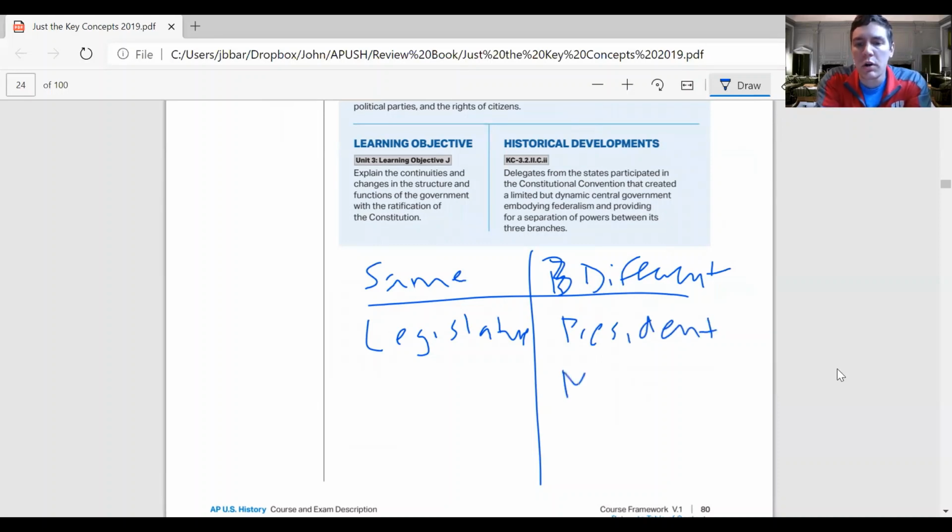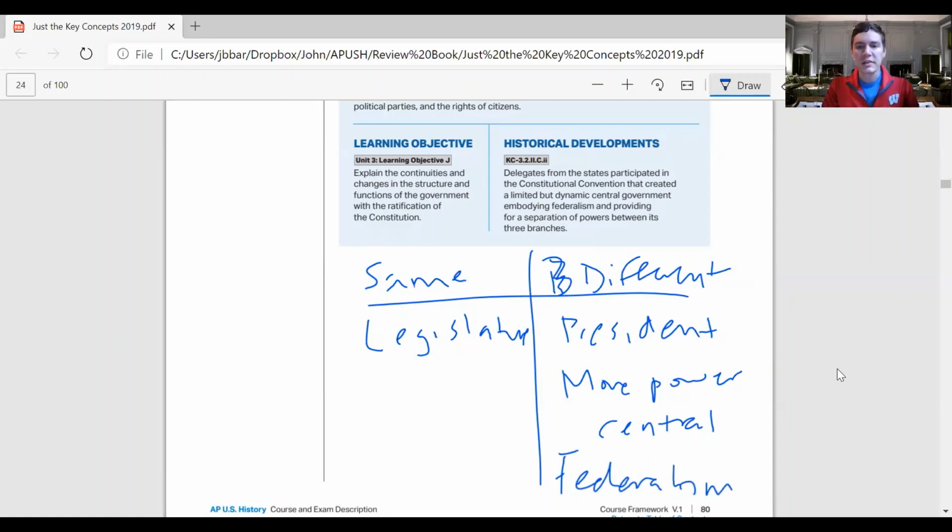There is more power to central government. There is federalism, where for some things states have power, and other things the federal government has the power. And we see that the federal government isn't going to be able to deal with the problems of our new government now after things like the Whiskey Rebellion, which we'll talk about in a little bit.